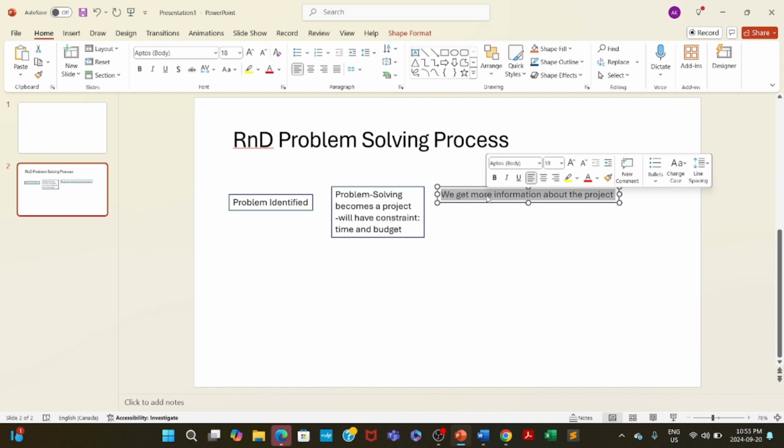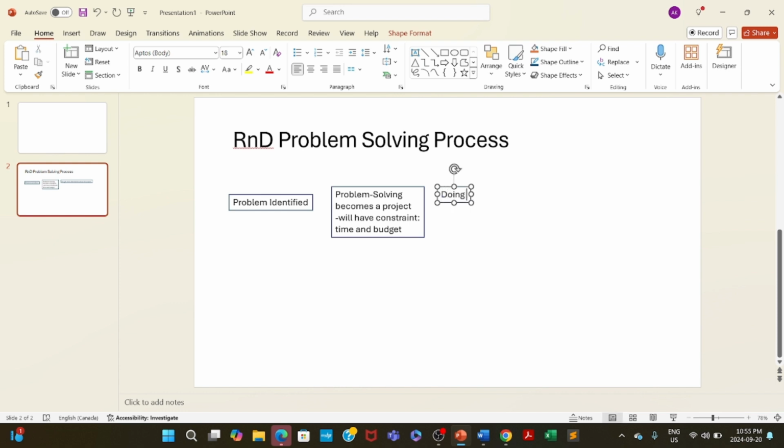Next thing would be doing research to find available solutions in the market, available solutions of similar problems.